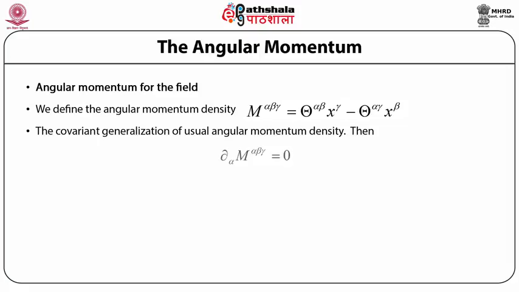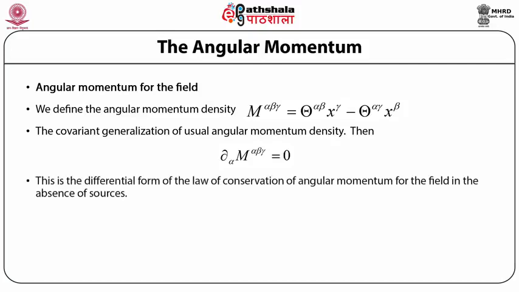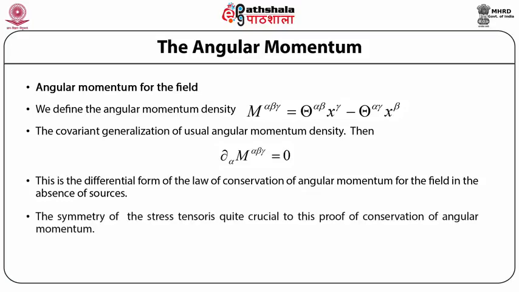Then del alpha M alpha beta gamma equals 0. This is the differential form of the law of conservation of angular momentum for the field in the absence of sources. The symmetry of the stress tensor is quite crucial to this proof of conservation of angular momentum.